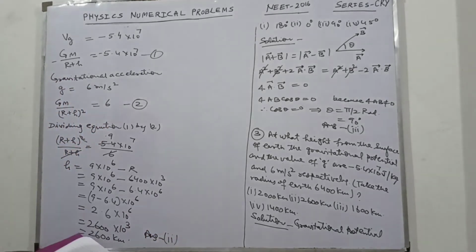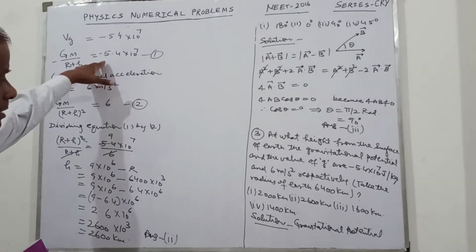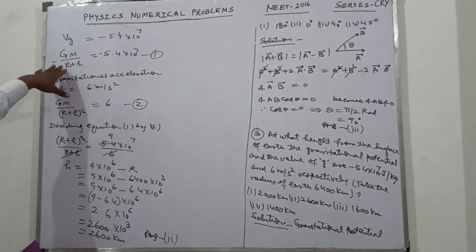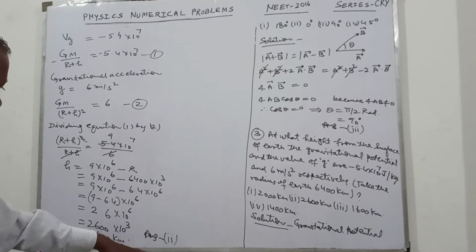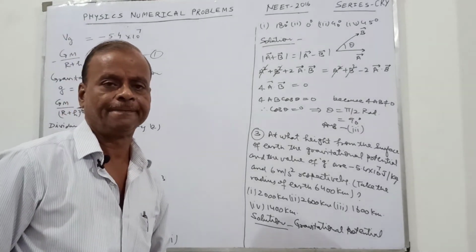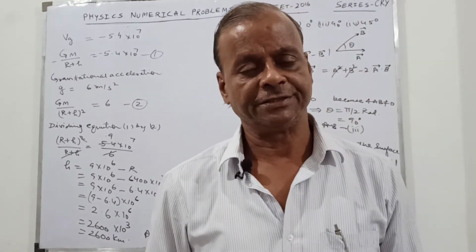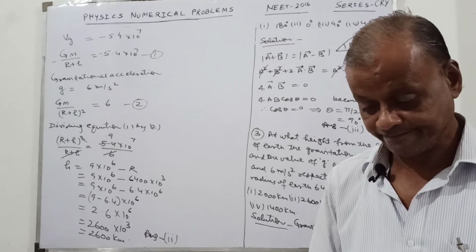So what you have to do is write down the value of the gravitational potential and gravitational acceleration, then divide the two, and then calculate. That will give you the answer. So just by a little calculation, you can find the right choice for this question.